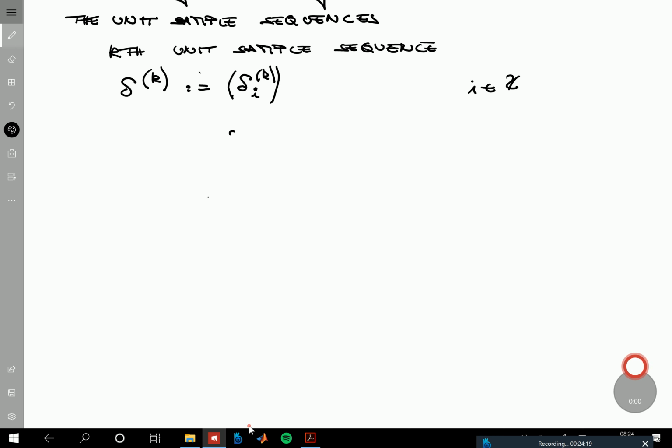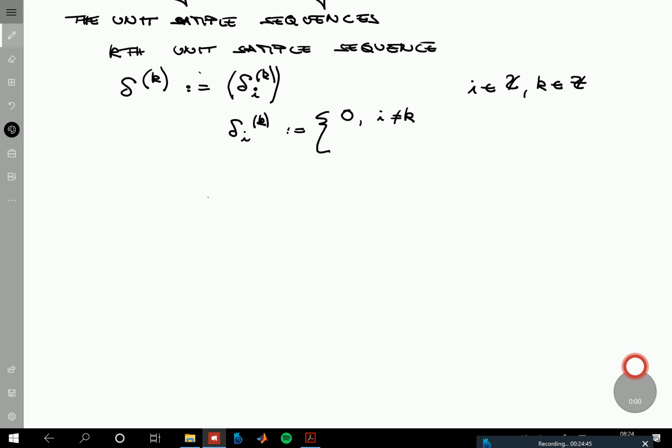Now the important thing is that the ith element, so delta i of this sequence, is defined as 0 for i not being k. So k is one integer, but it's only one, for example 3.